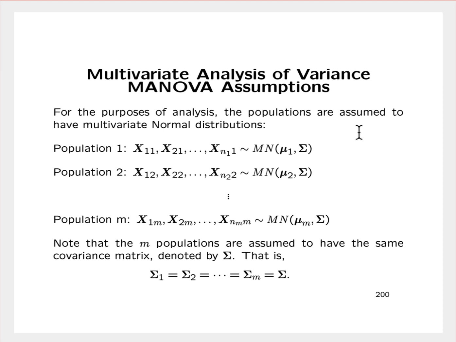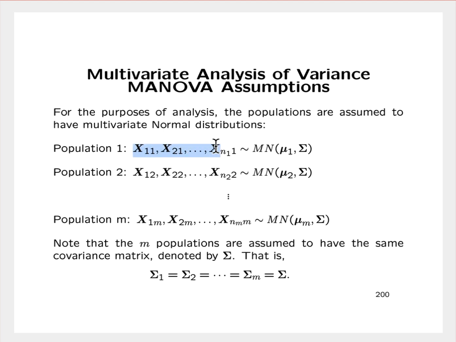And so for the purposes of analysis, in order to draw inferences, for example, making or testing hypotheses, perhaps constructing confidence regions, the populations are assumed to have a multivariate normal distribution.